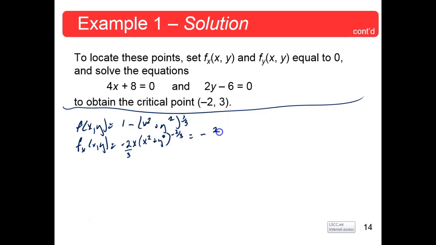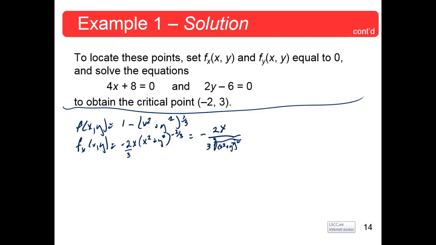Minus 2x over 3 times the cube root of (x squared plus y squared) squared. Okay. Now that's a little awkward, but it's a little bit easier to evaluate.